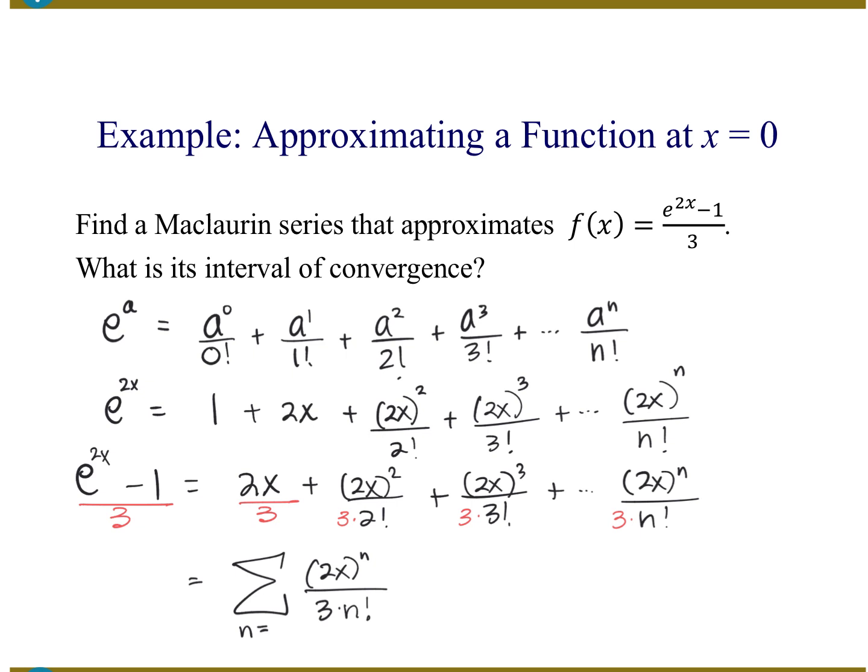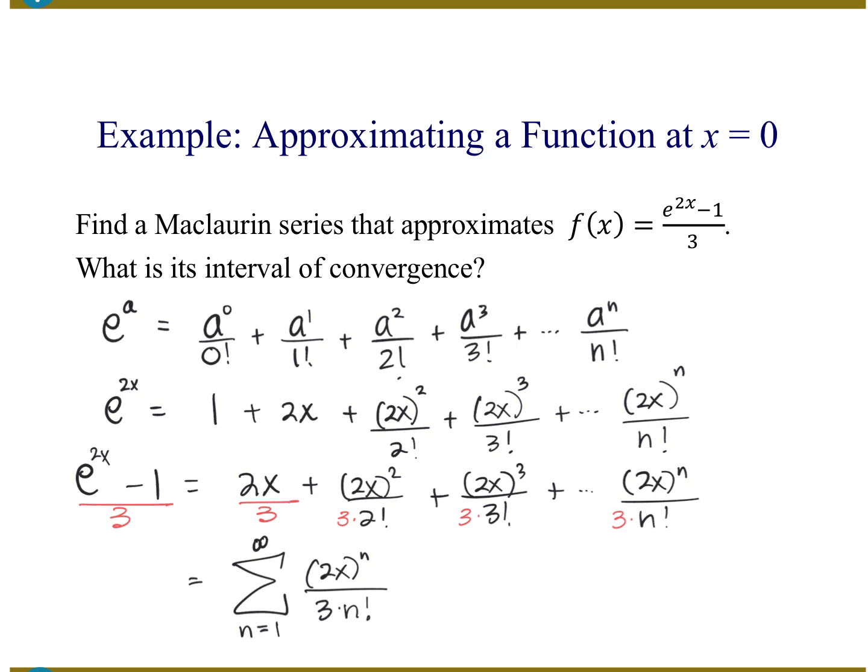I can't put 0, because if I put 0 there, what will the first term turn out to be? Not 1, but 1 over 3, which is not what my first term is. So what do I need to identify that n starts with? n has to start with 1. That way the first term will start out with 2x to the first over 3 times n factorial.